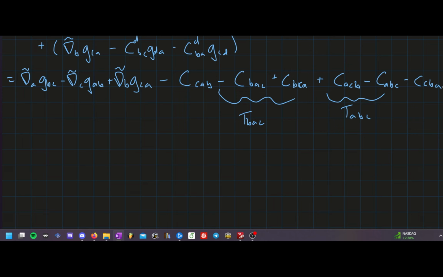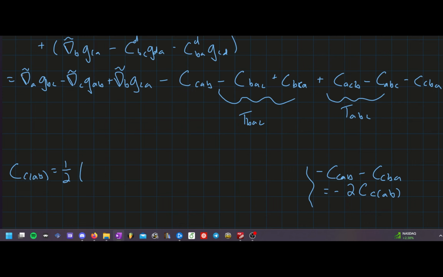Of course, this is all going to equal 0, right? And we also know that minus C_{cab} minus C_{cba} equals minus 2 C_{cab}, like this. So we can pull that over to the 0 side here, and we get that C_{cab} equals, then the 2 is going to go this way, so 1/2, and then we get these.